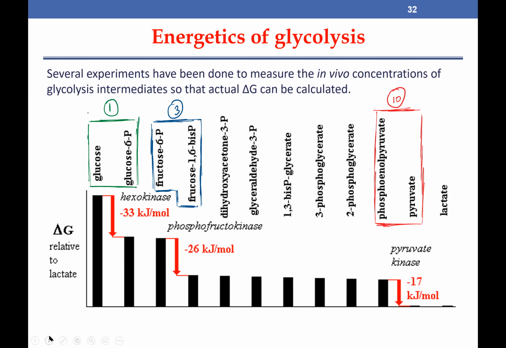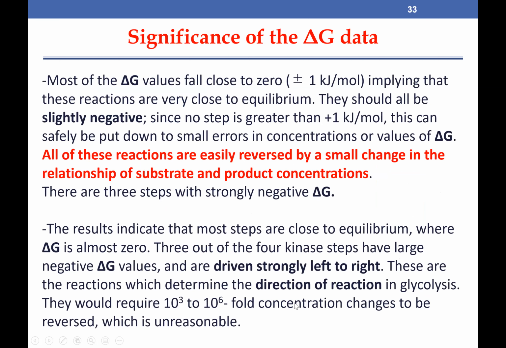So those are the 3 important reactions for glycolysis to happen, because in those reactions, if I want to make my backward reaction happen, I'm going to have to change the concentration by a lot, by 10 to the power of 3 or 6 times, which is unreasonable. So I can easily say that my forward reaction is going to happen, and glycolysis is going to proceed.